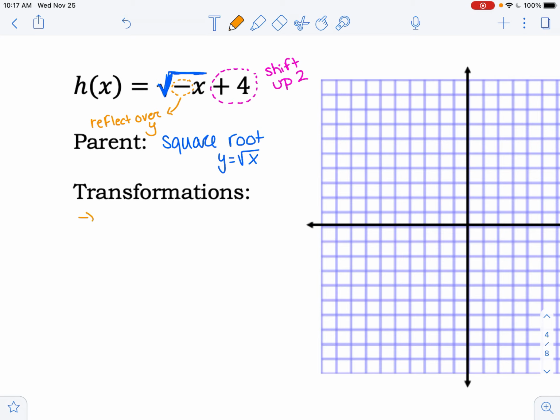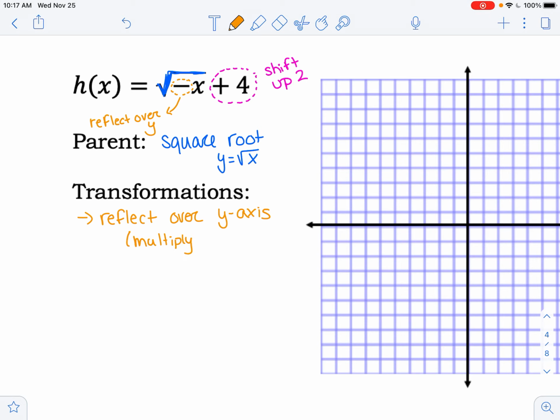So that's going to tell me to shift up 4. So my transformations, I just said, reflect over the y-axis, which means multiply the x values by -1, and then we're going to shift up 4 units, which means add 4 to the y values.